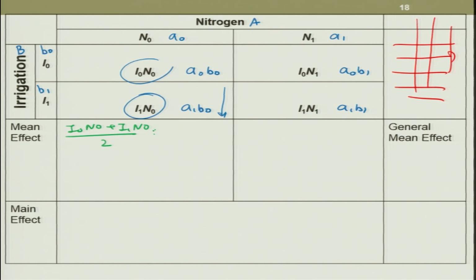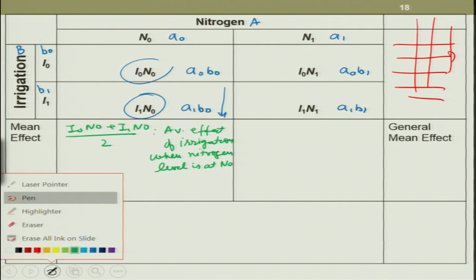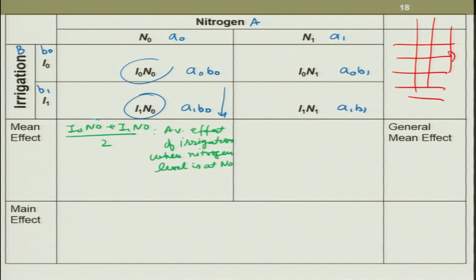So, now you can see, on the same lines that we had discussed earlier, this gives us the value of the average effect of irrigation when the nitrogen level is at N0. Right. Why? Because you can see that the level of nitrogen here and here is the same.